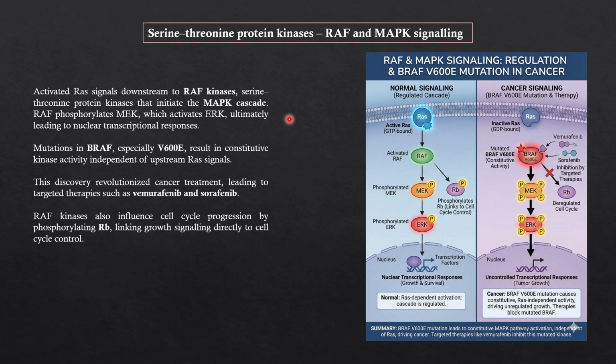So, certain therapies block the mutated BRAF. The BRAF V600E mutation leads to constitutive MAP kinase pathway activation, so targeted therapies like vemurafenib inhibit the mutated kinases.